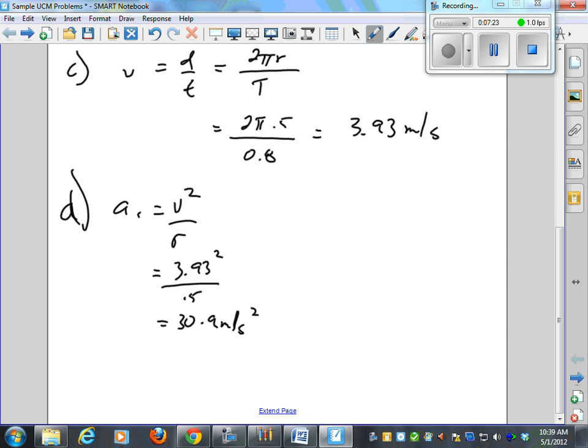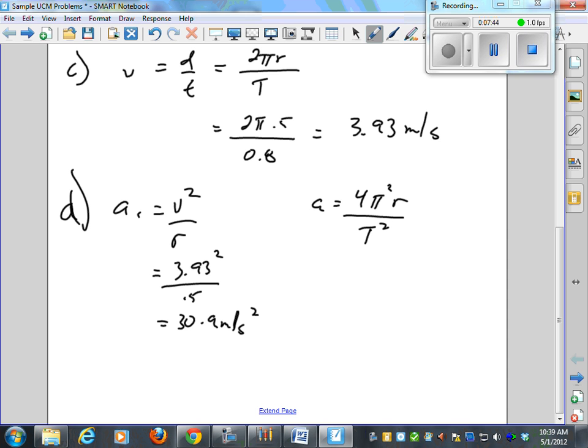The second formula that has acceleration in it is 4 pi squared, and here's where I always want to put the big R, all over T squared. This is the formula that I suggested yesterday, and Zach, I'm going to say this for your benefit as well as a review for others. Be careful here because we're all familiar with pi r squared.